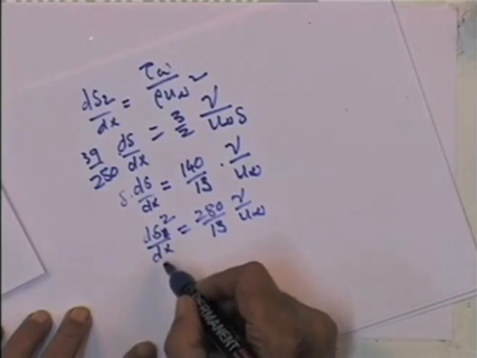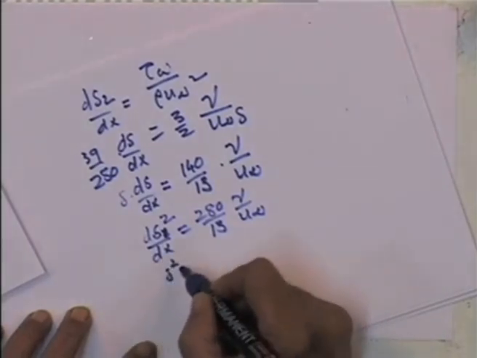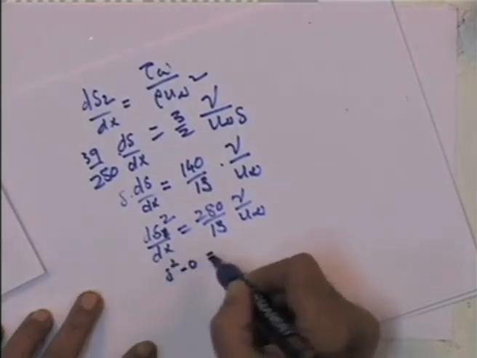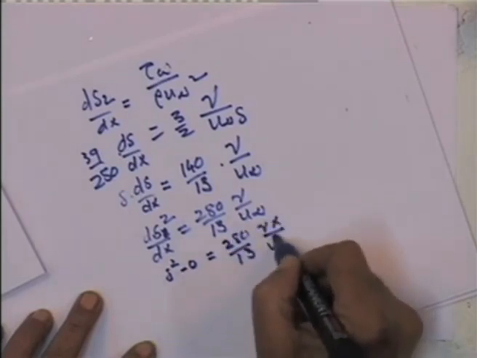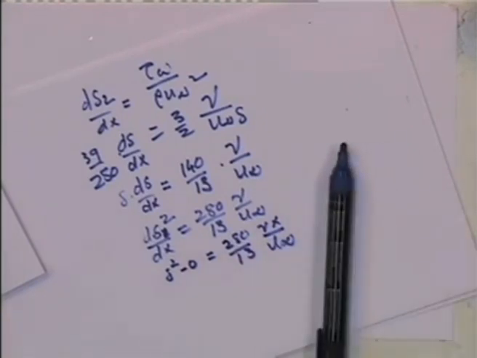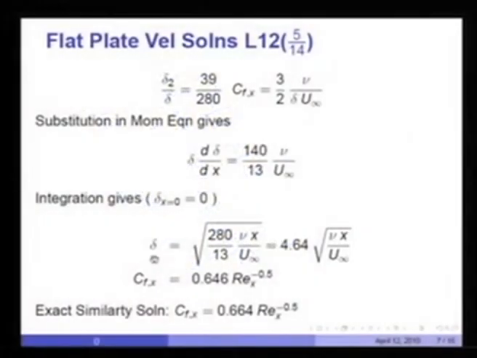And if I integrate that, then I get delta squared minus 0 equal to 280 by 13 nu x by u infinity. And that is what I have shown here as the solution. Delta is 0 at x equal to 0, which is the start of the boundary layer. So, you get delta equal to under root 280 by 13 nu x by u infinity, which is nothing but 4.64 under root nu x by u infinity.